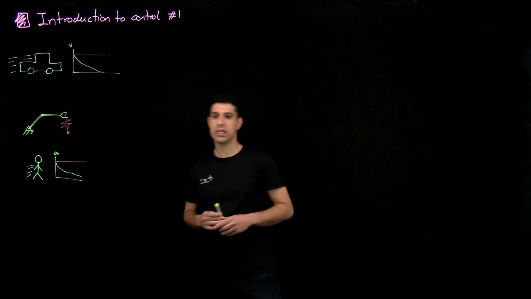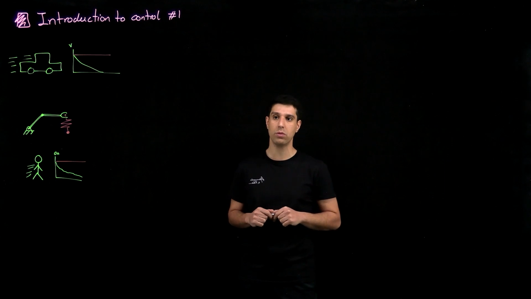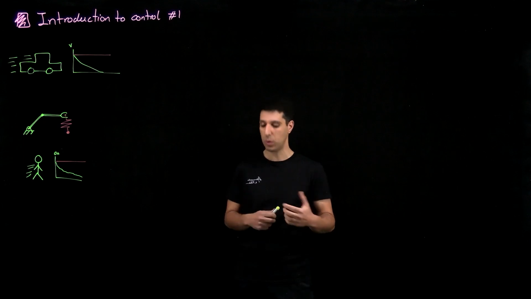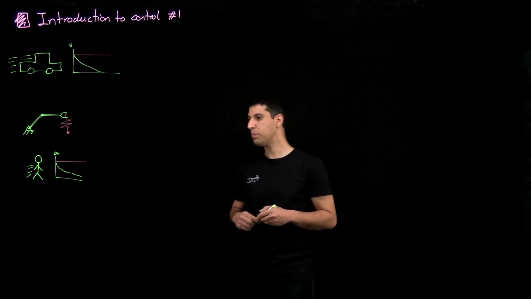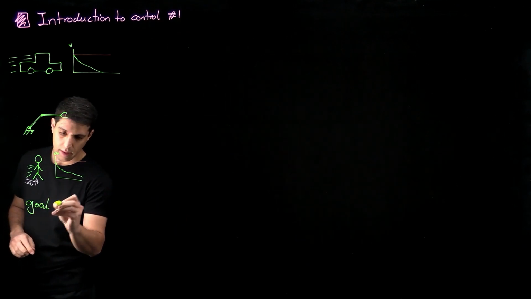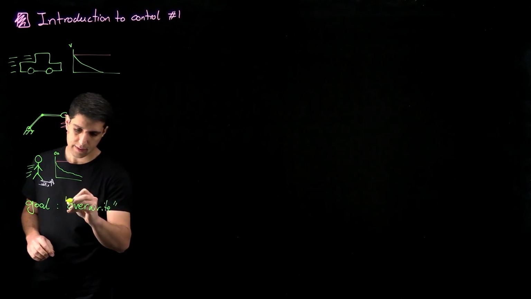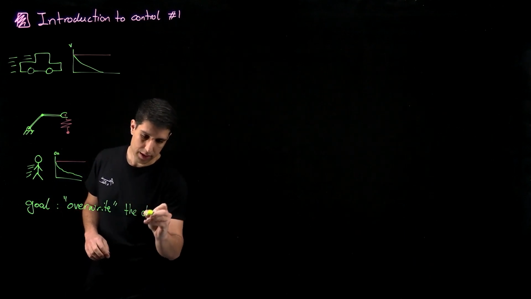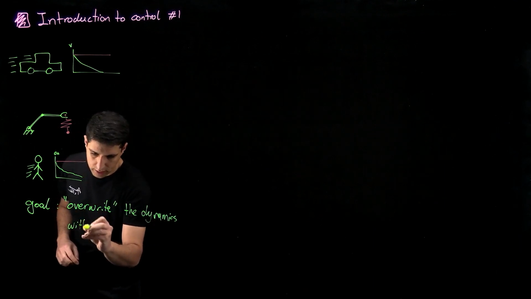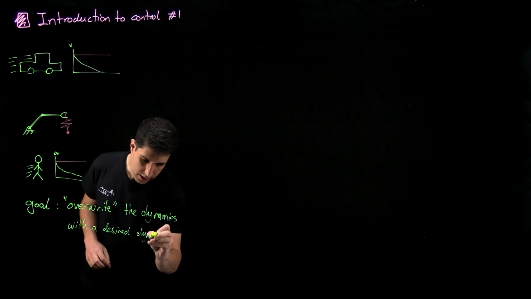So from these few examples, you can get the idea that the general goal of control is to make our system behave the way we want. And in a very simple and fundamental way, the goal of control is to overwrite the dynamics of the system with a desired dynamics.